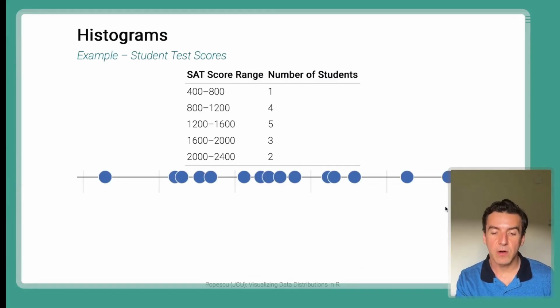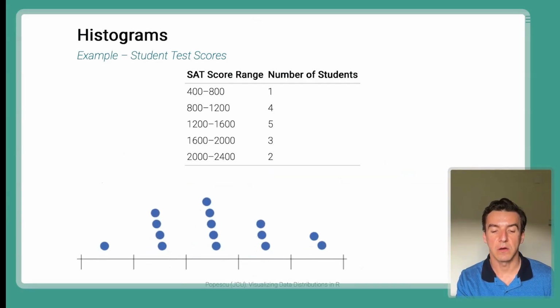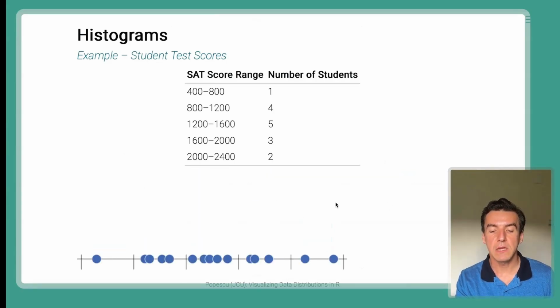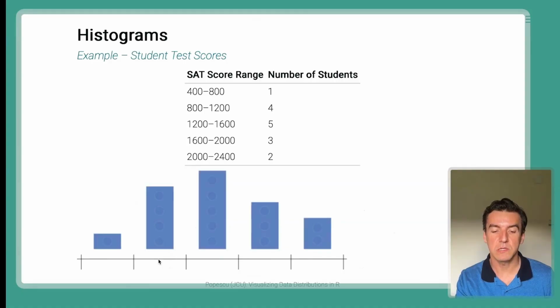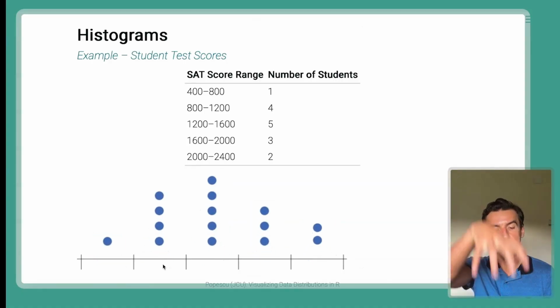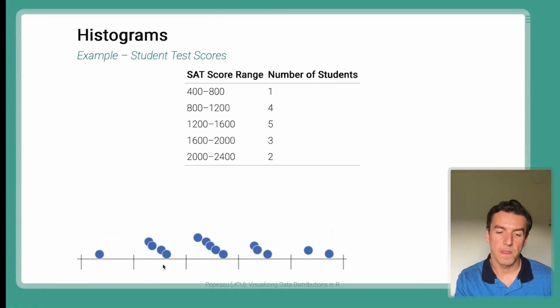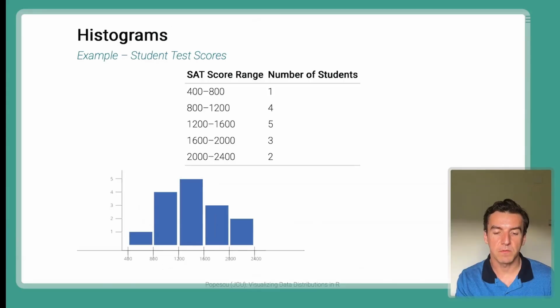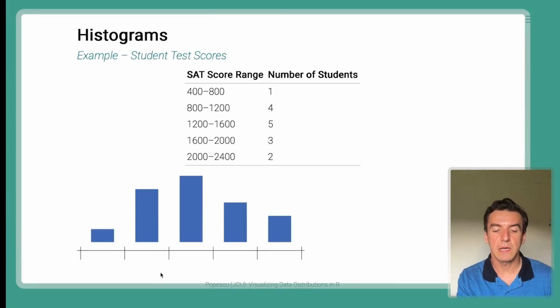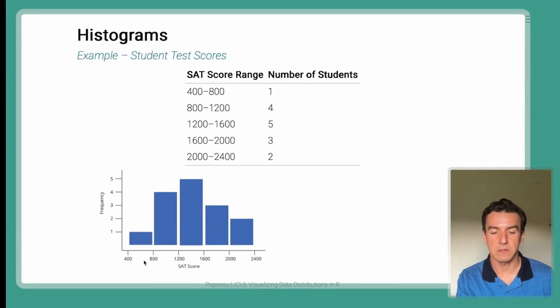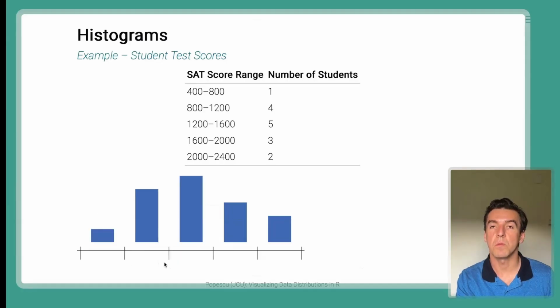Okay, now to take into account and to see more clearly where they are, we can create these bar plots. So notice how all these students turn into bars. Finally, for the final step of the histogram, we also label our axes. On the x-axis, we have the SAT score bin.